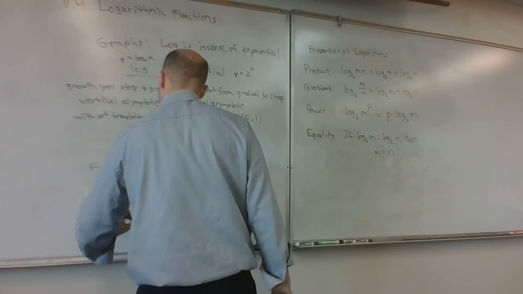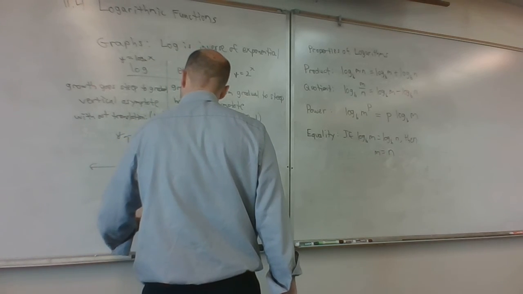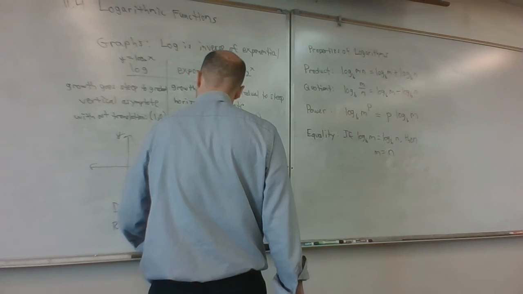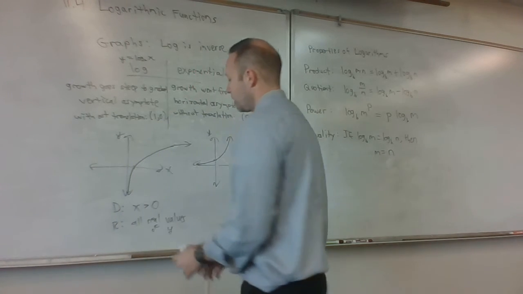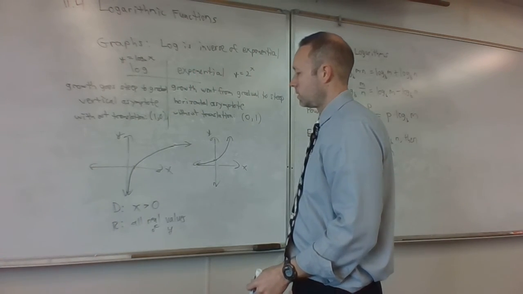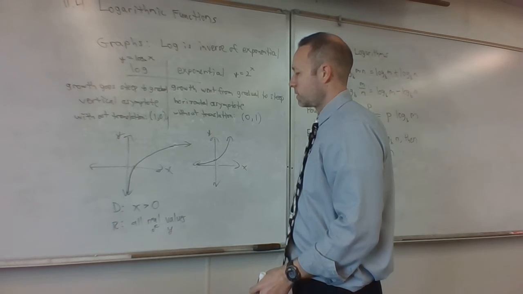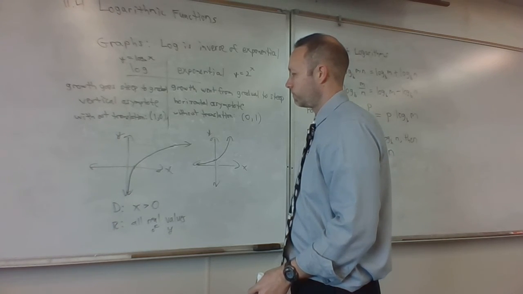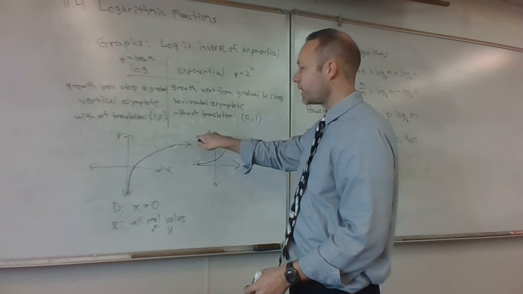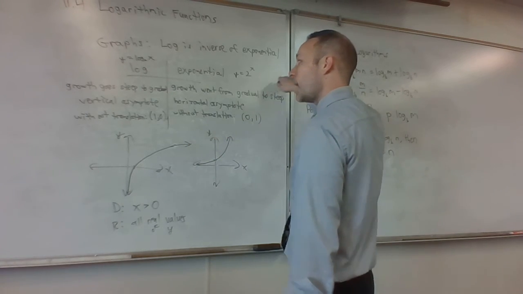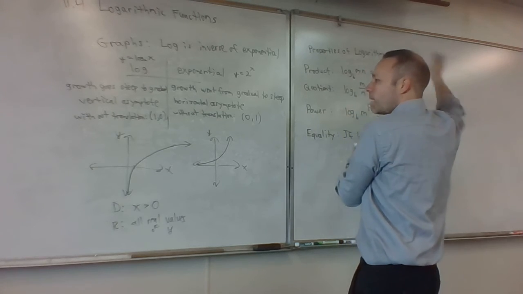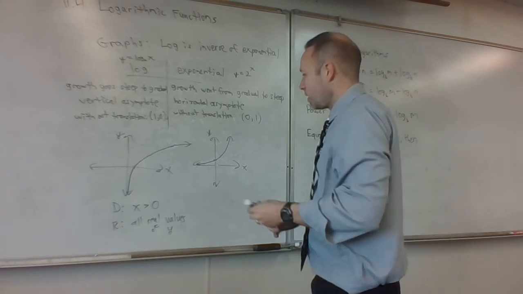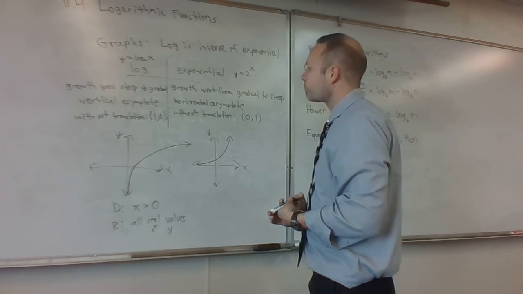My range is all real values of y. So even though it's leveling off, it still does keep going up and up. It just takes longer and longer to get up, but you still approach infinity in your y values.